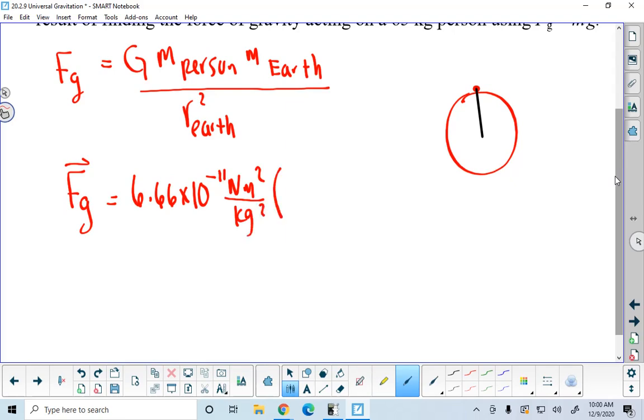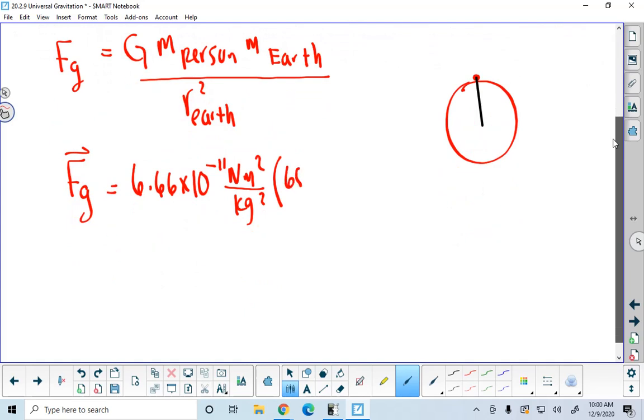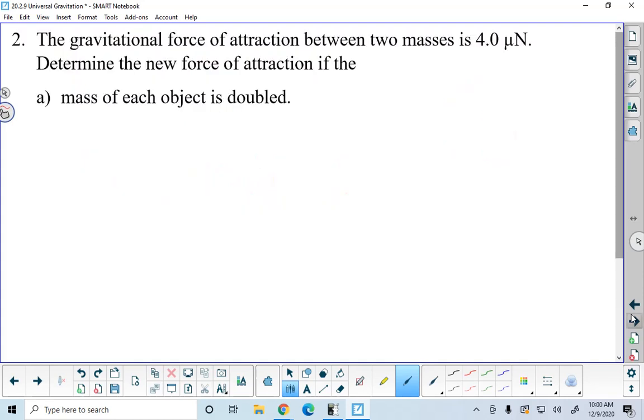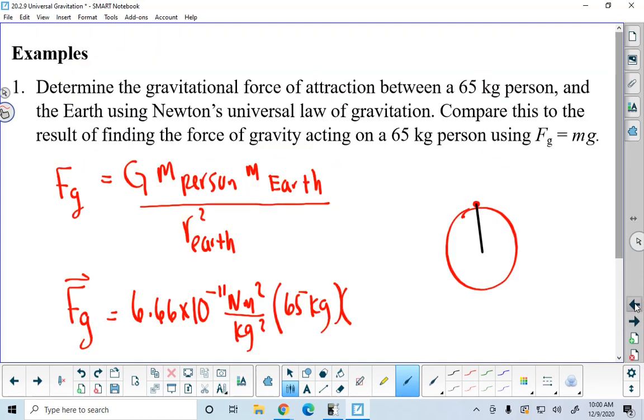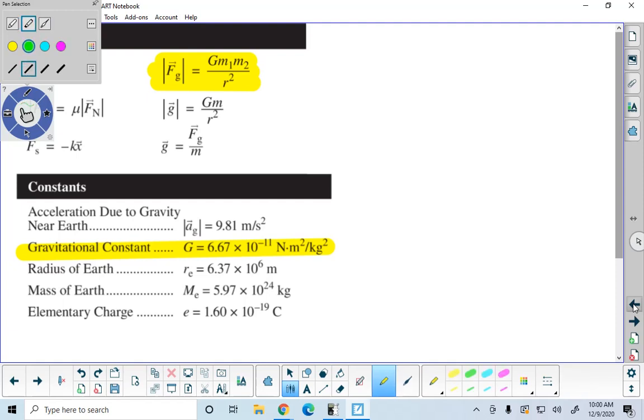The mass of the person is 65 kilograms. The mass of the Earth is, well, we can look at the formula sheet. On the formula sheet, the mass of the Earth is also given, as well as the radius of the Earth.